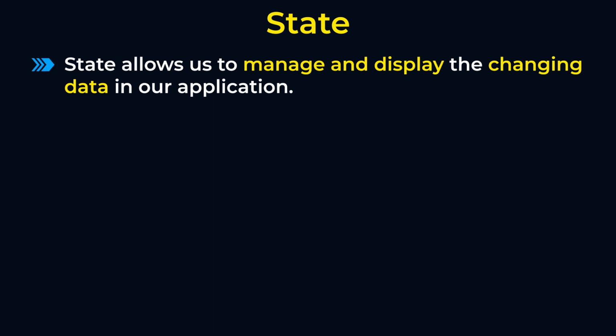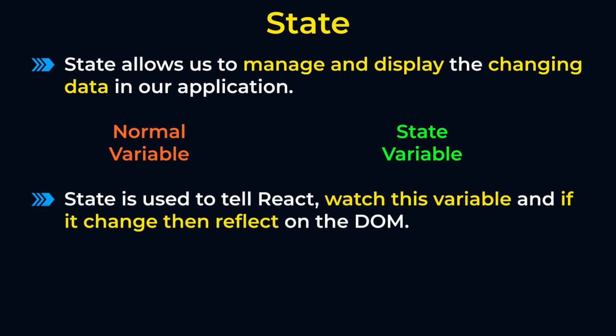When we define our variable as a normal JavaScript variable, React will not reflect the changes if we change that variable's value. But if we define our variable as state, then React will reflect those changes. So in simple words, state is used to tell React what this variable is, and if it changes, then reflect that change on the DOM.